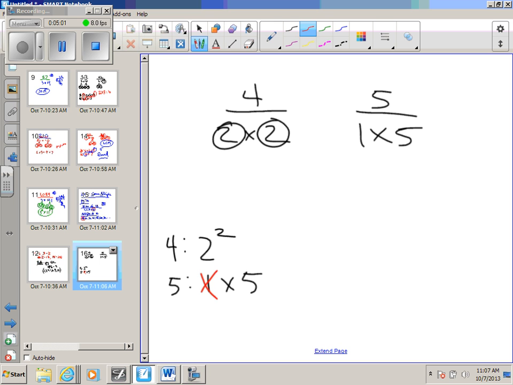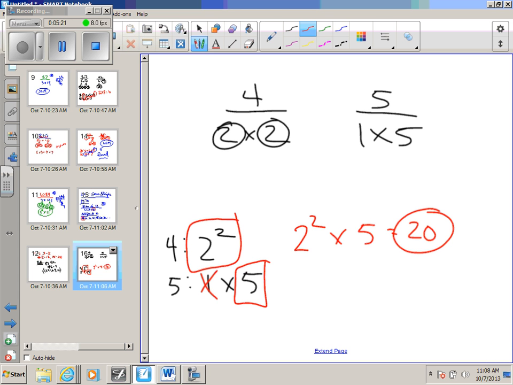So let's take this 2 to the second power. And yes, I'm taking it to the second power. And let's also take that 5. 2 to the second power is 4. Times 5 is 20. 20 is going to be your least common multiple.